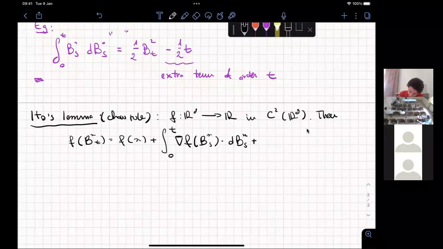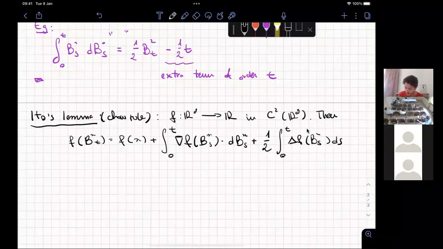The correction in this case is just 1/2 times the integral from 0 to t of the Laplacian of f in B_s, ds. This is the extra part generated by the stochastic part, and it's called the Ito correction, due to B_s, the stochastic part.